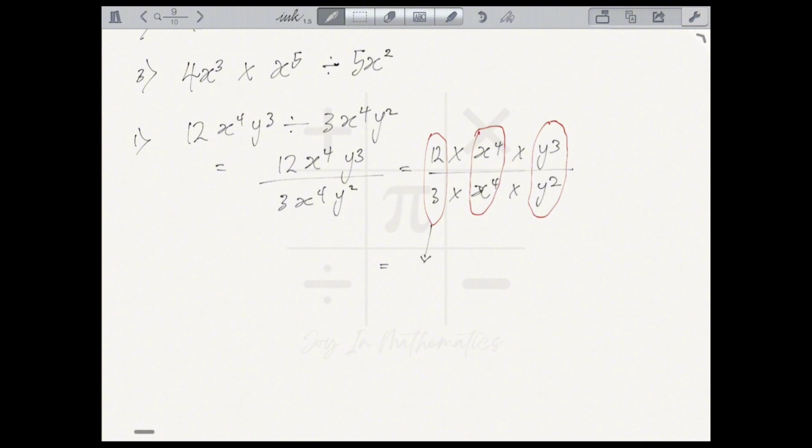So 12 divided by 3, multiplied by x raised power 4 divided by x raised power 4, multiplied by y raised power 3 divided by y raised power 2. Just to avoid confusion, we will make use of normal brackets instead of square brackets for consistency.